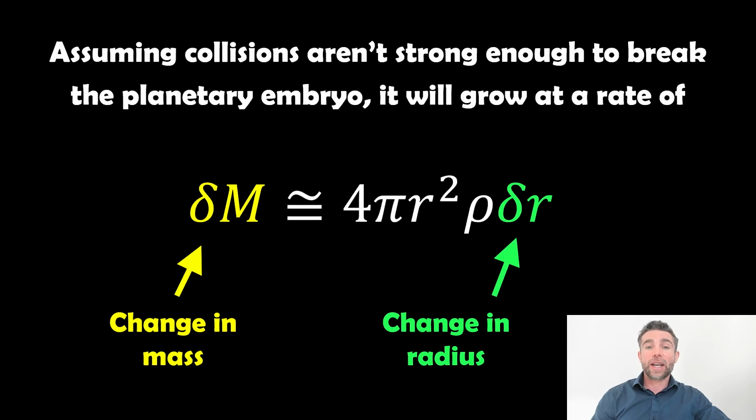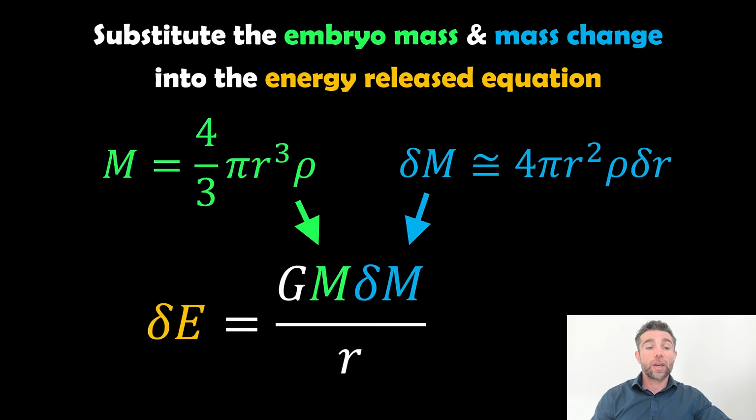So we can exchange that in, and we can actually do it in terms of a change of radius instead. So we took mass out, so we can go back to that original equation there. If we've then got our energy released equation on the left hand side at the very bottom, we can then exchange our mass of our embryo by the previous equation, which I've highlighted in green there.